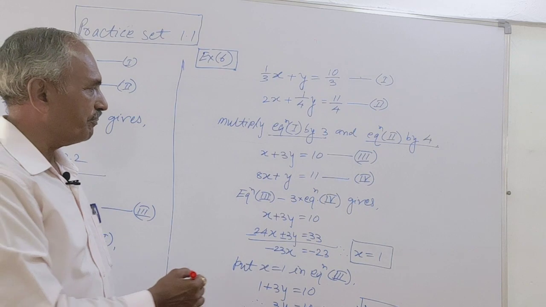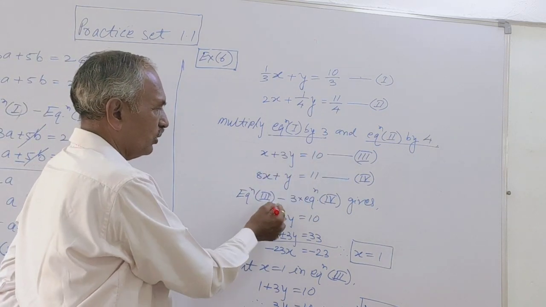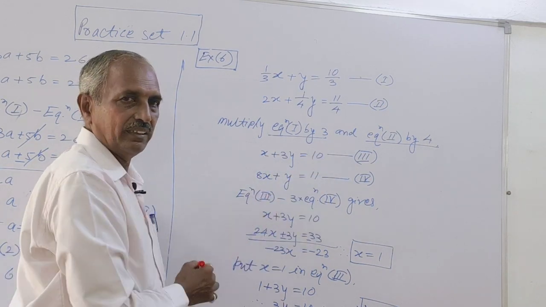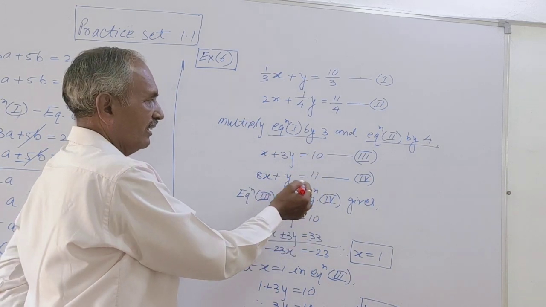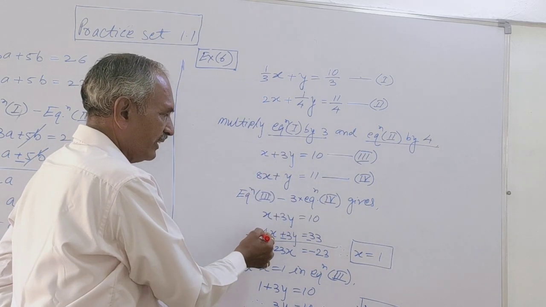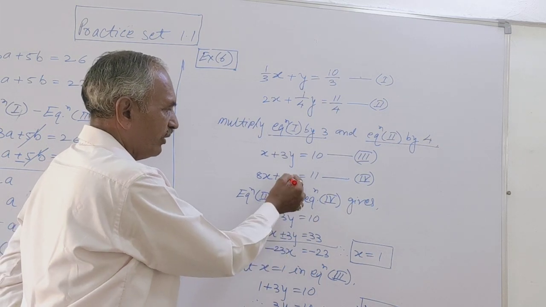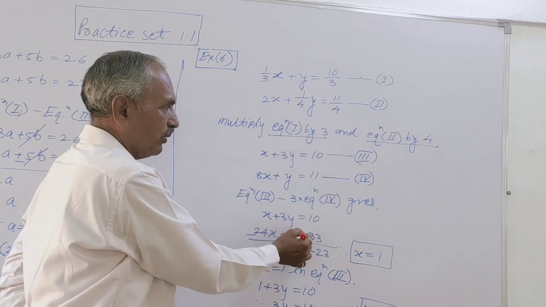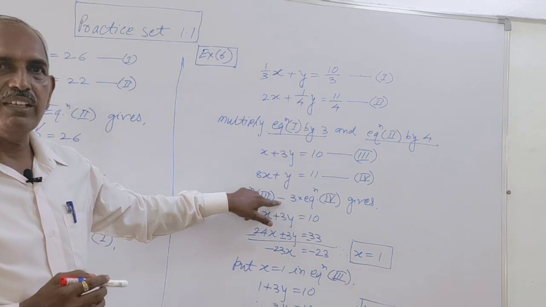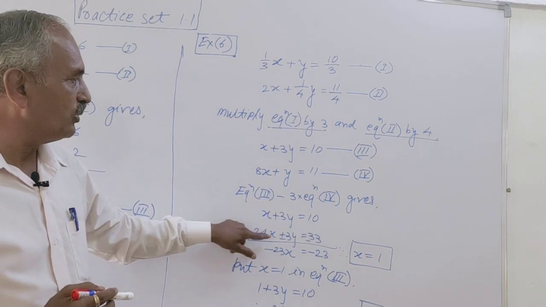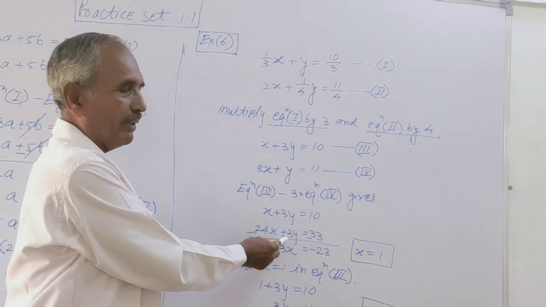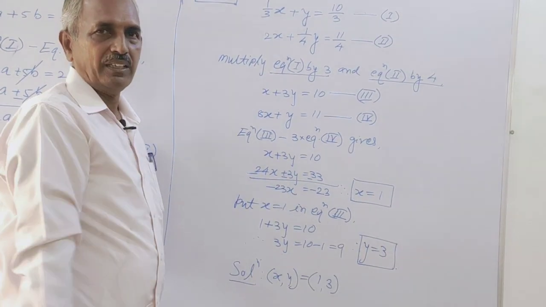The first equation has no change: x plus 3y is equal to 10. In the second equation, multiplying by 3, 8 into 3 is 24x, y into 3 is 3y, is equal to 11 into 3 is 33. But I am subtracting, so I have to change the signs.